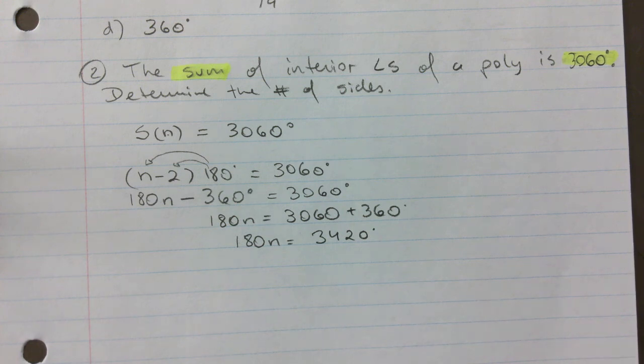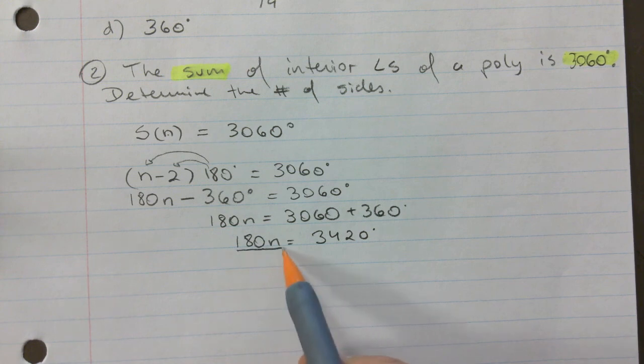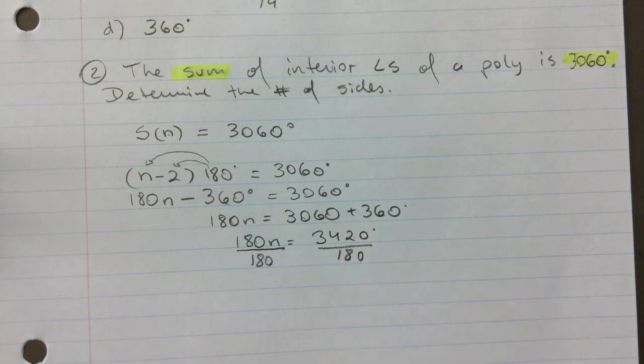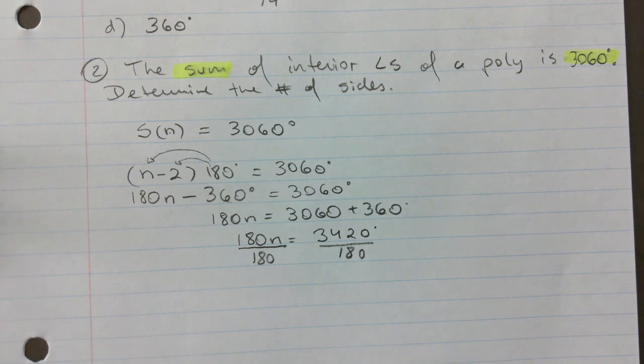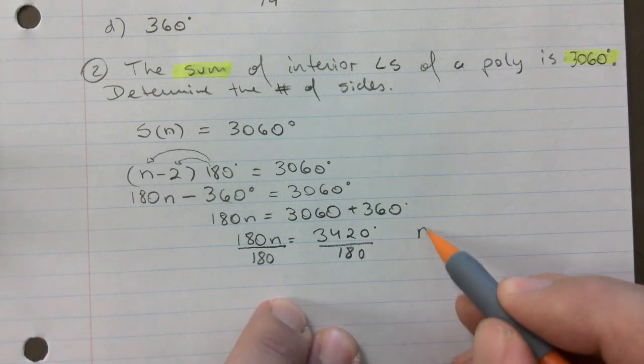If you get negatives, go back. You made a mistake. Okay? But don't just get rid of the negative because it's inconvenient. Divide both of them by 180. Can n be a decimal? No, you can't have a 3.5 sided polygon. It's either a whole number, it's all or nothing.